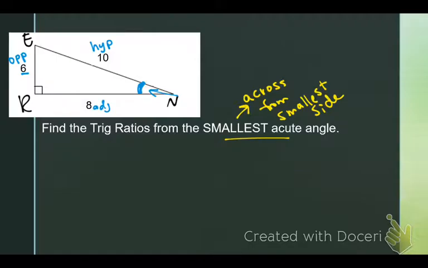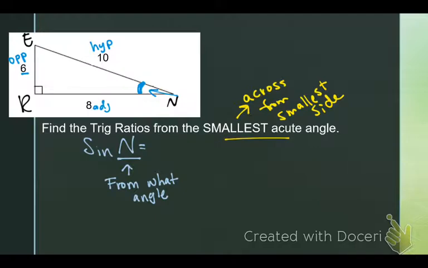So here's what we're going to do. We're going to say sine, but we're going to use the abbreviation, S-I-N. You need to tell me from what angle. What is my perspective? What was the name of the angle that we're starting at? N. So you're going to say sine from N will be the opposite over the hypotenuse.